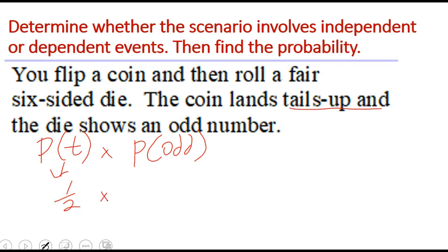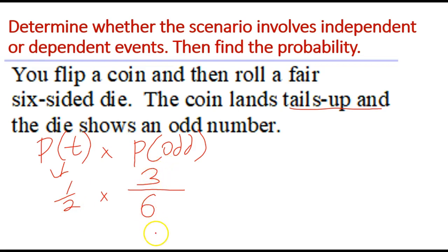And what's the probability of getting an odd number? First of all, what's the total outcome of a die? There are 6 numbers, so the total outcome is 6. How many odd numbers? 1, 3, 5. So there are 3 odd numbers; you can pick any of those 3. Is the second probability affected by what happened in the first? No, because even if the coin flip did not happen, the odd will still be 3 out of 6.